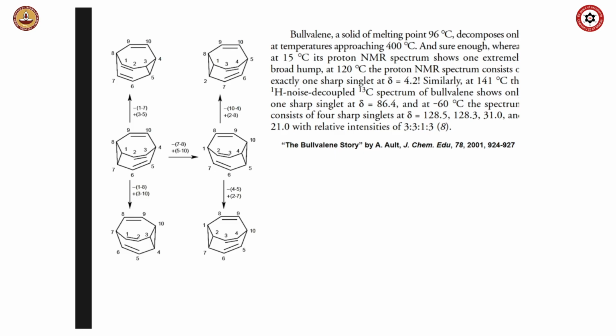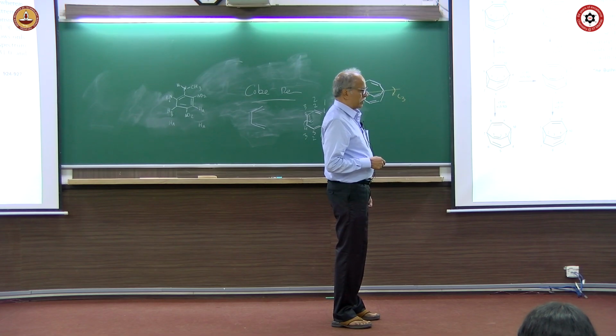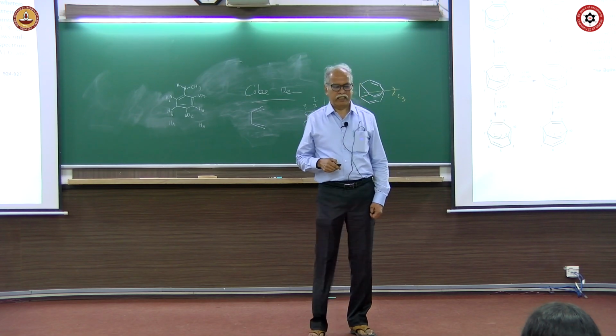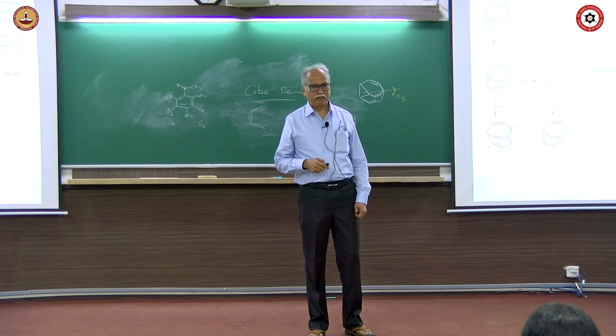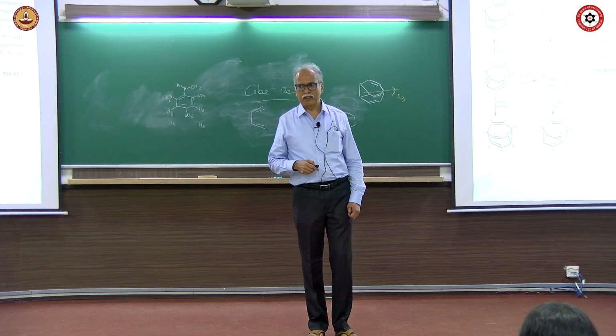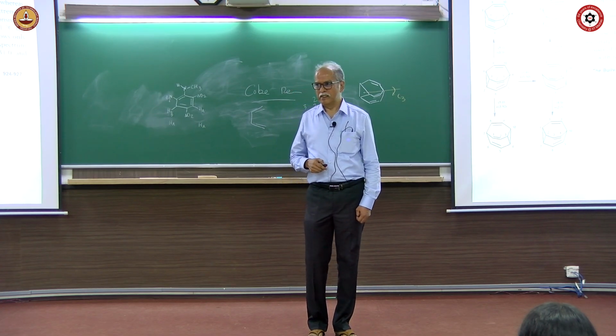See, 3,10 opened up to give 4,10. So you can make the bulvalene undergo the Cope rearrangement repeatedly, reproducing itself in each rearrangement. So this molecule cannot be destroyed basically. If we heat it, it will go to itself through a Cope rearrangement.